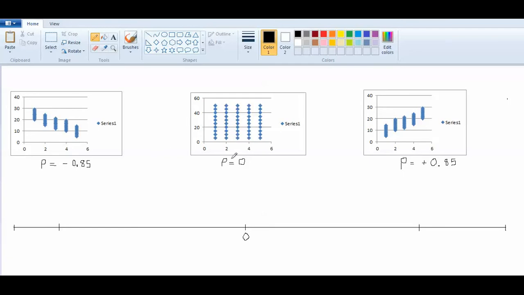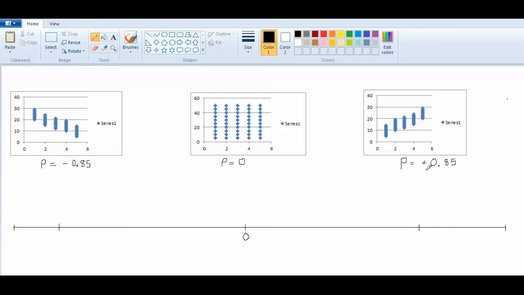The same thing is true over here. I said that if you randomly take a sample from a population and you calculate the correlation, the sample correlation coefficient, which measures the correlation in the sample, tends to be close to the population correlation coefficient. So if the population correlation coefficient is 0 right here, then most of the samples that come from this population will have a correlation coefficient somewhere near 0.